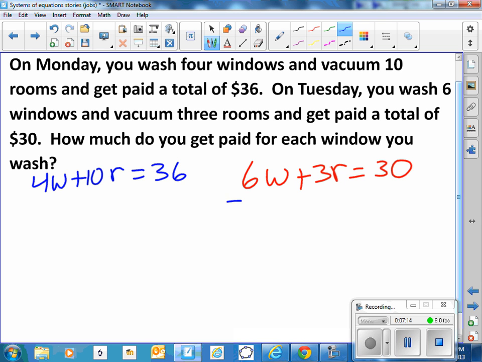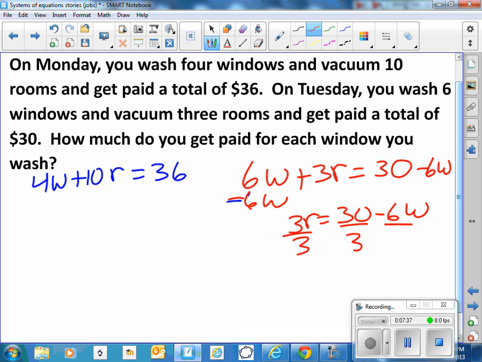Let's subtract the larger one. Subtract 6 windows from each side, what I would get paid for 6 windows. So 3 rooms is equal to 30 minus 6 of whatever I get paid for a window. So 1 room is 1/3 of that.